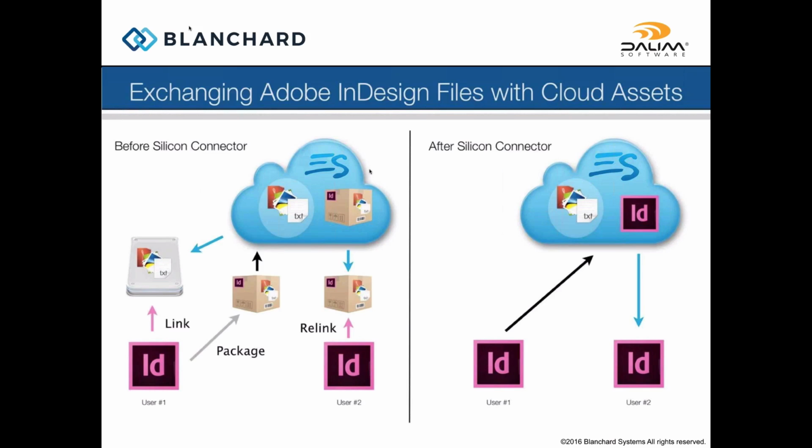So they won't have to download all those assets or manage those assets on their end. They'll just have to have the InDesign document, update it, resave it back to ES, and continue on in the process. So it'll save moving files around quite a bit. It's going to really be a nice workflow.